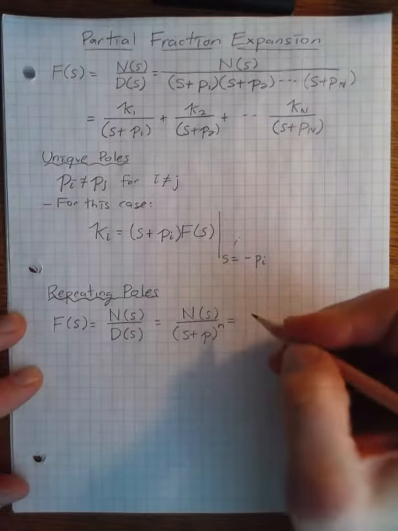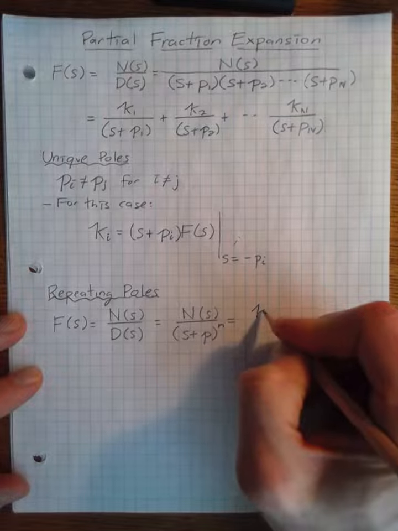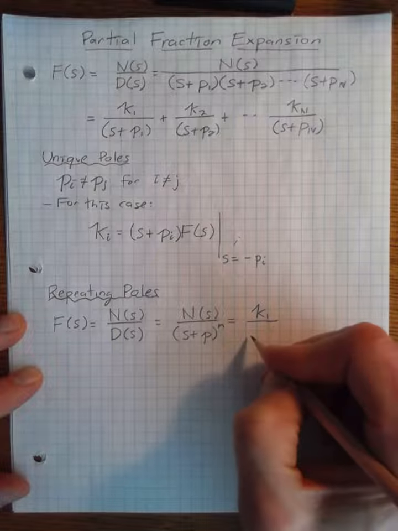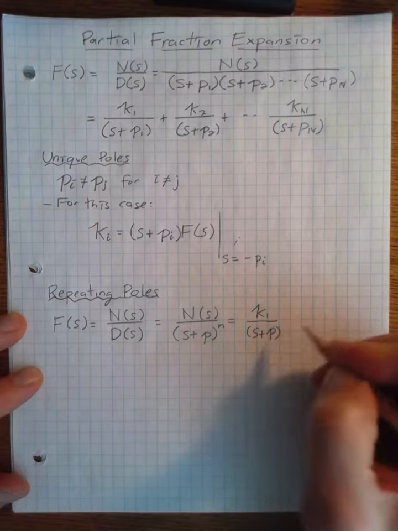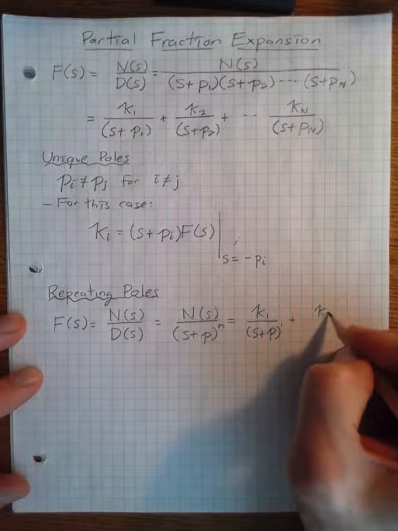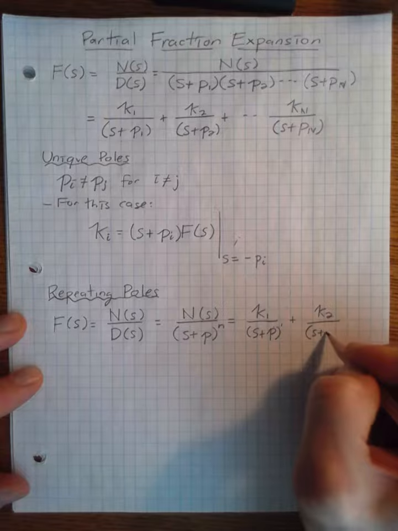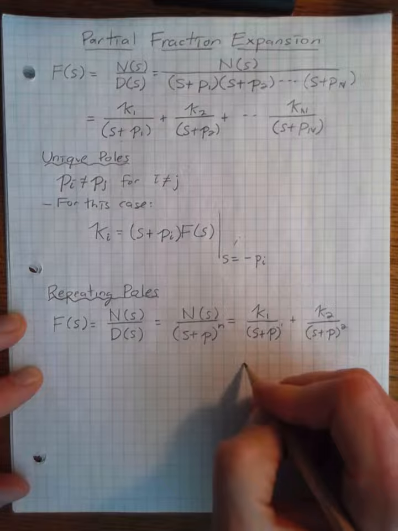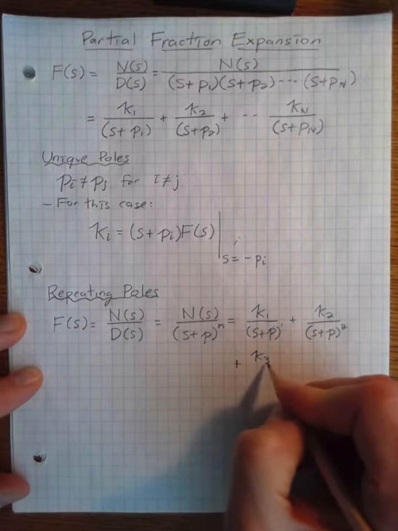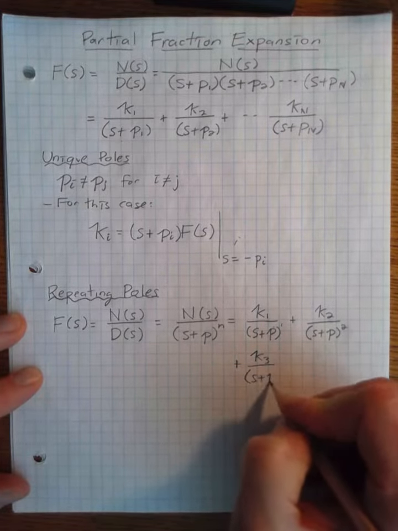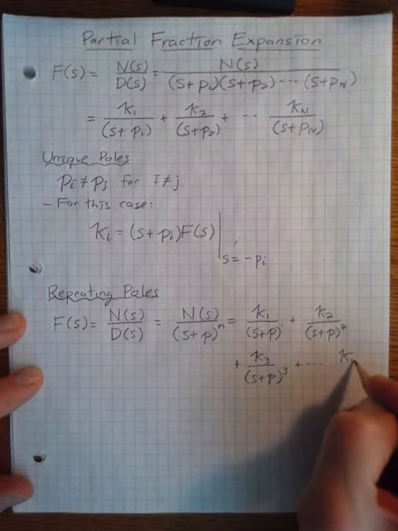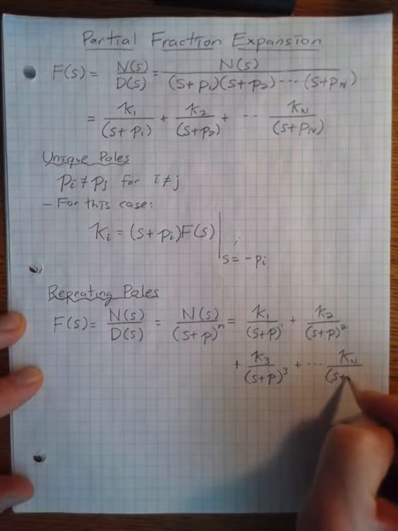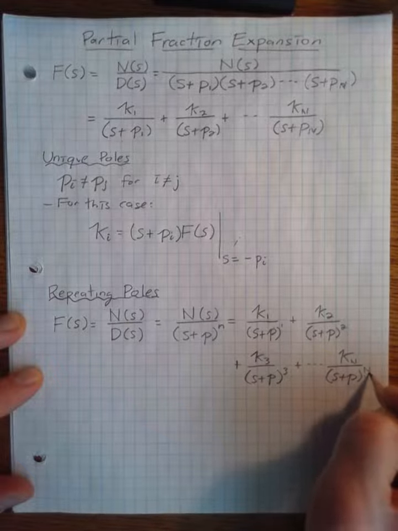And the way partial fraction expansion works for repeating poles is we actually have an ascending series where we have k1 over s plus p, which is just like raising it to an exponent of 1, plus k2 over s plus p squared, plus k3 over s plus p cubed, all the way up to kn over s plus p to the n.